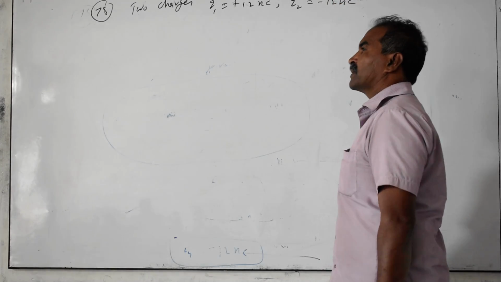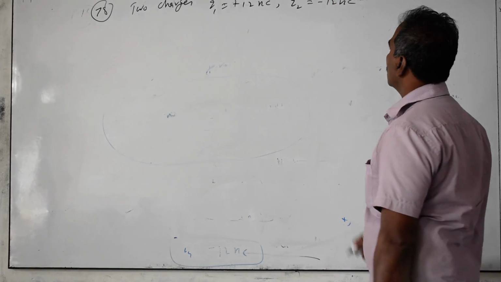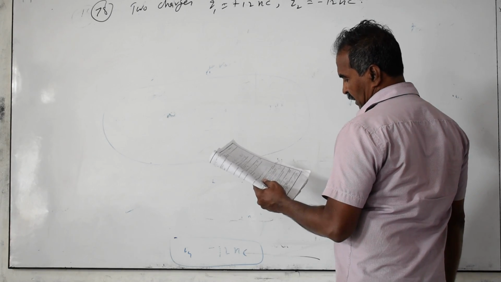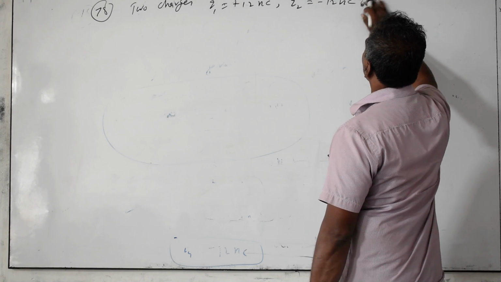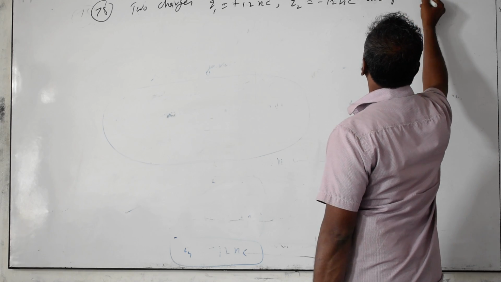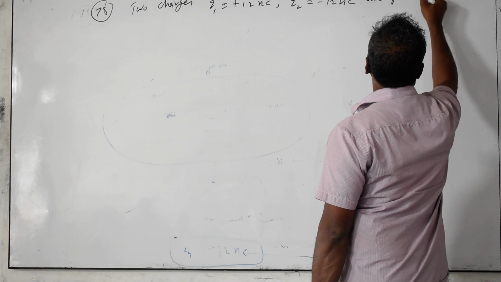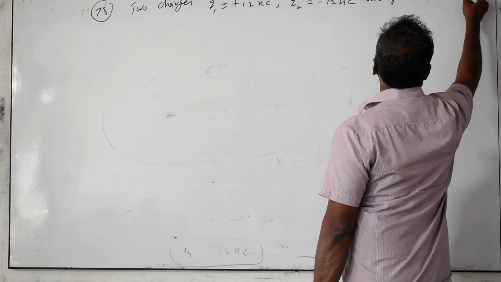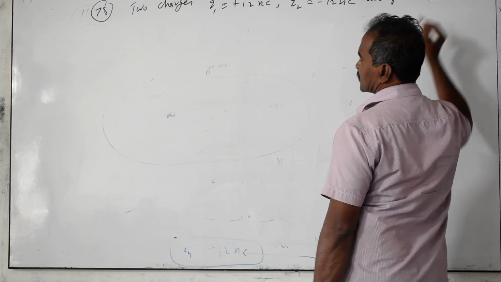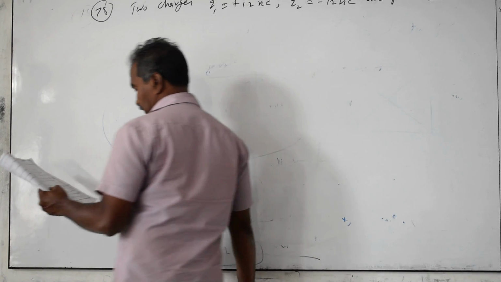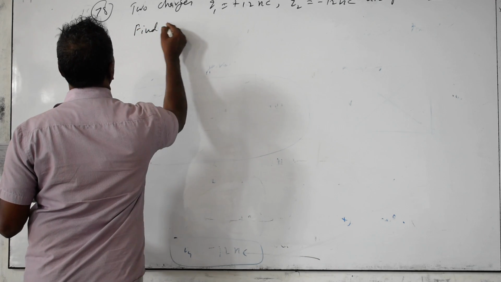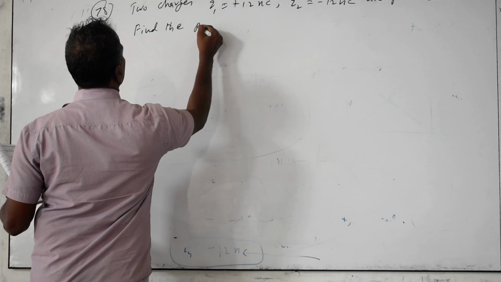When you have two equal and unlike charges separated by some distance, that forms an electric dipole. They are placed 10 centimeters apart, which means the separation between these two is 10 centimeters.